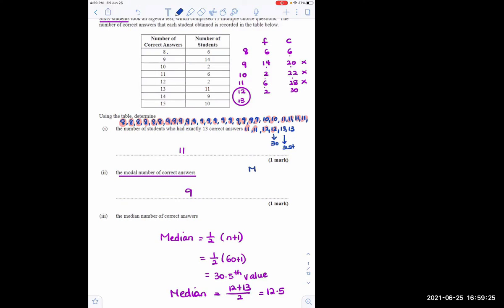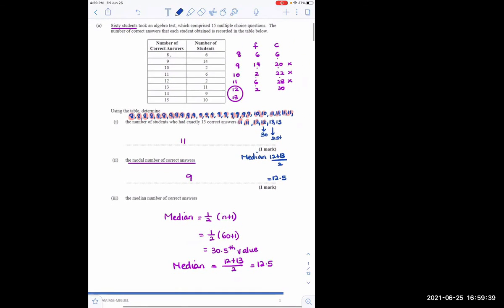So the median is 12 plus 13 divided by 2, which is 12.5. Do you all understand that? Yes, miss. So you could count it or you could list it. Any one you wish, you can do it. All right? So take it down.